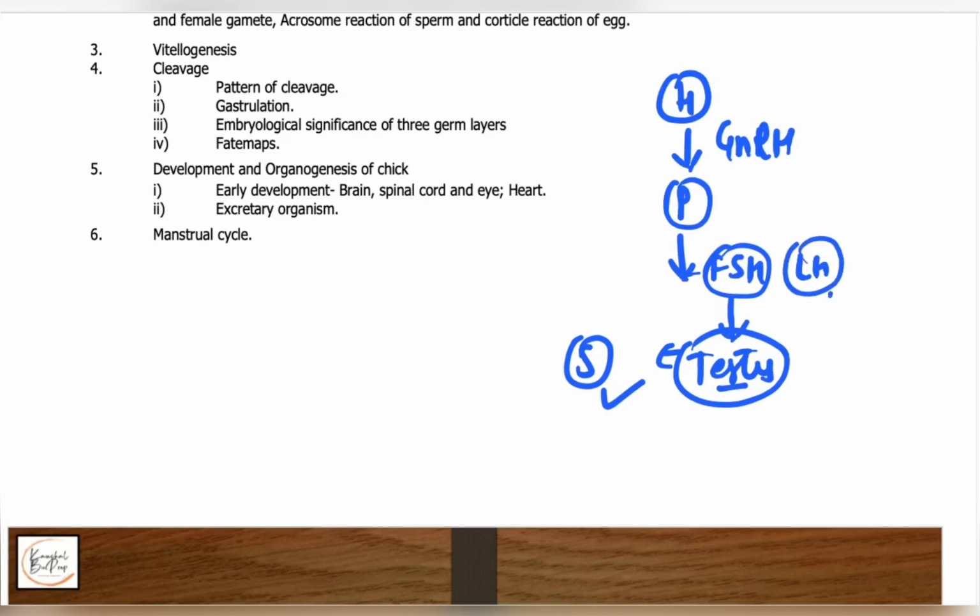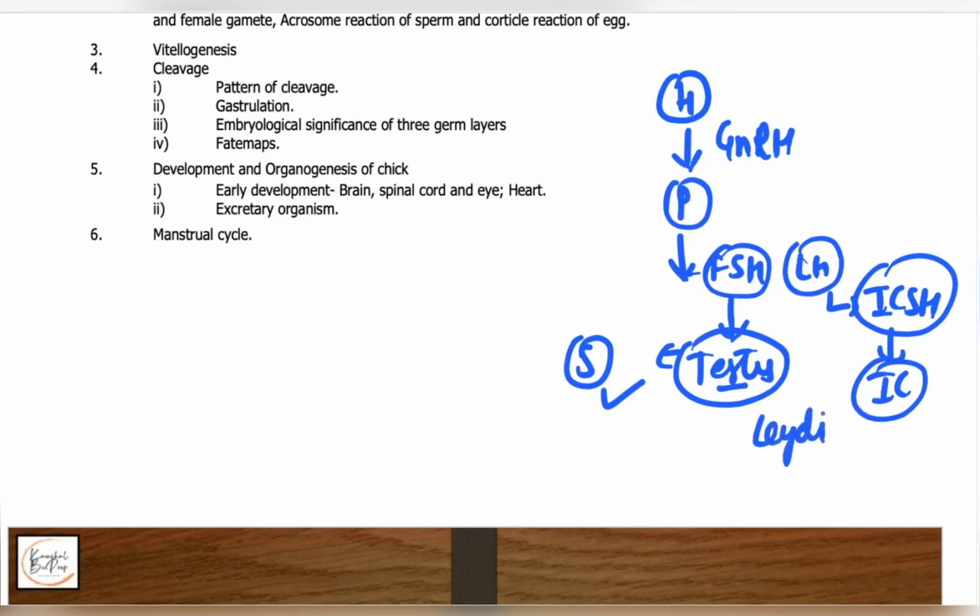जो ल्यूटिनाइजिंग हार्मोन है, this is called the ICSH, इंटरस्टिशियल सेल स्टिमुलेटिंग हार्मोन. तो नाम से ही क्लियर है, इंटरस्टिशियल सेल्स ये स्पेशल सेल्स हैं. कहाँ पे होते हैं ये सेल्स? ये भी टेस्टिस में ही है. इनको आप लेडिक सेल्स भी कहते हो, ठीक है. They are also called Leydig cells. इन सेल्स को जाके स्टिमुलेट करता है ताकि they can produce something called टेस्टोस्टेरोन. Okay, testosterone is the main hormone in the male body.